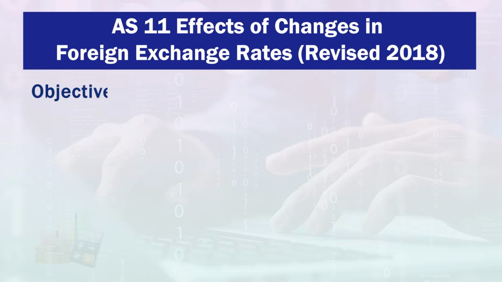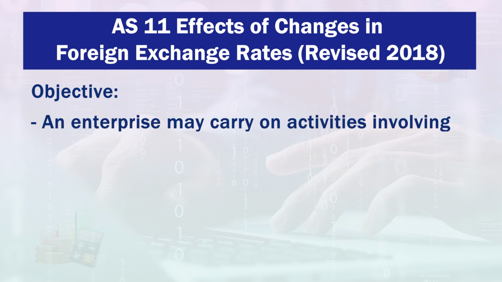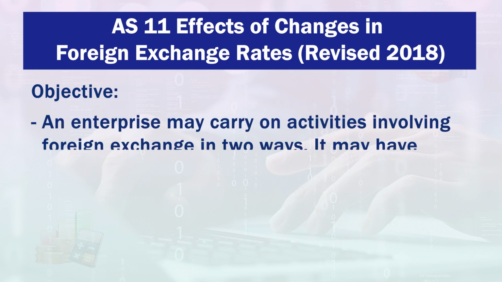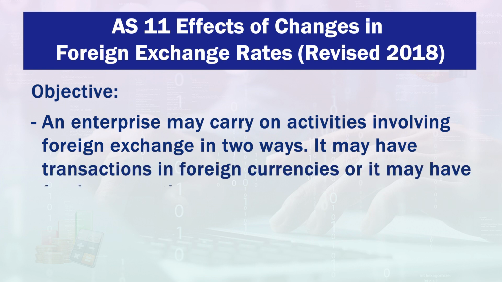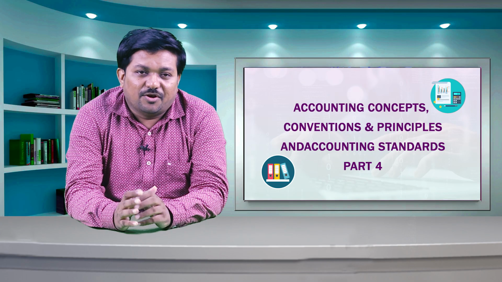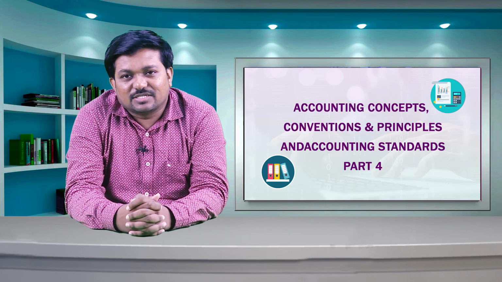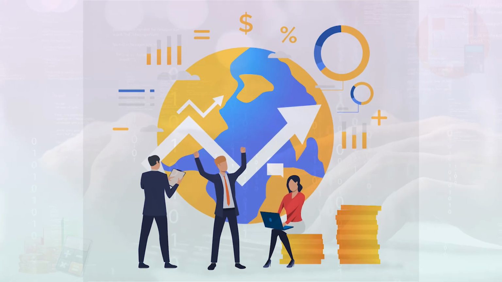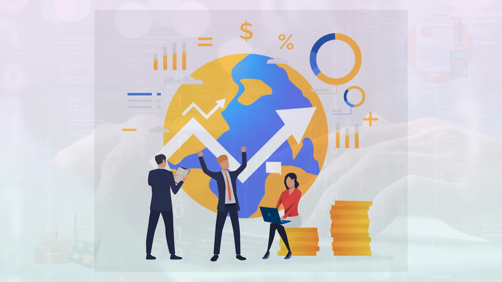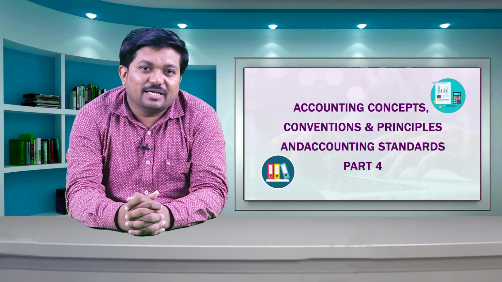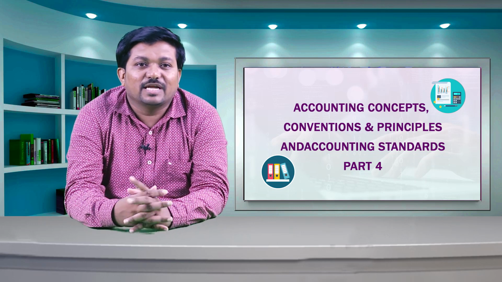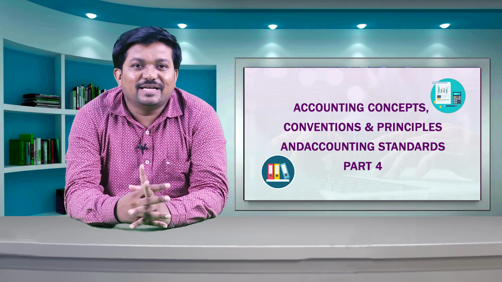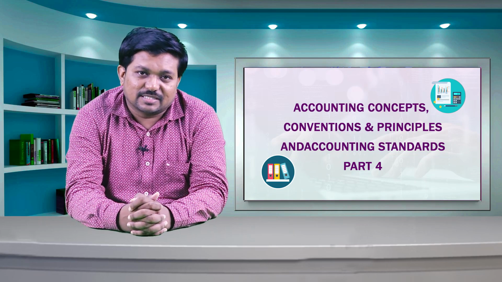Now we will see the objectives. An enterprise may carry on activities involving foreign exchange in two ways. It may have transactions in foreign currencies or it may have foreign operations. In order to include foreign currency transactions and foreign operations in the financial statements of an enterprise, transactions must be expressed in the enterprise's reporting currency and the financial statements of foreign operations must be translated into the enterprise's reporting currency.